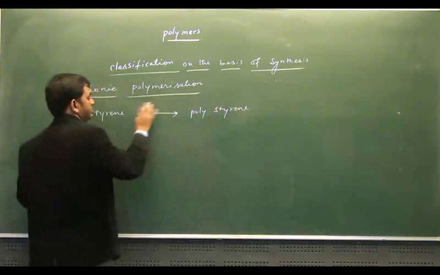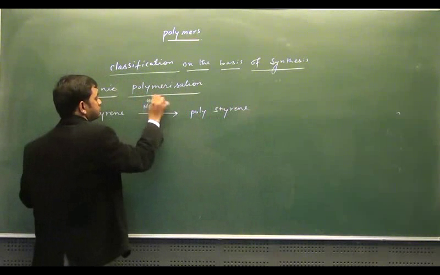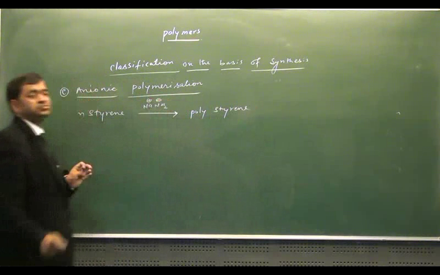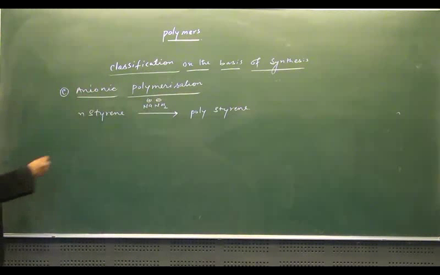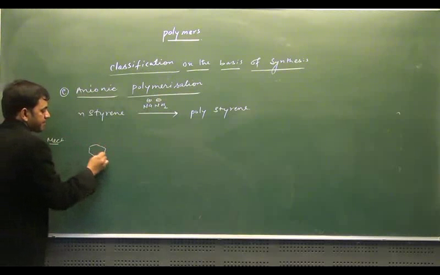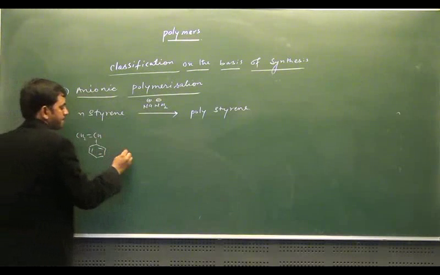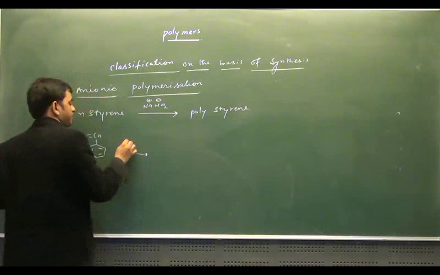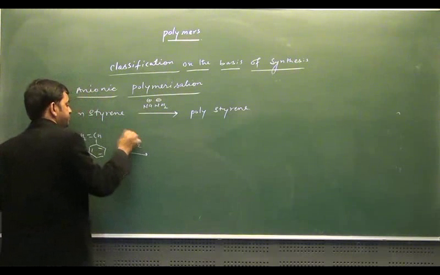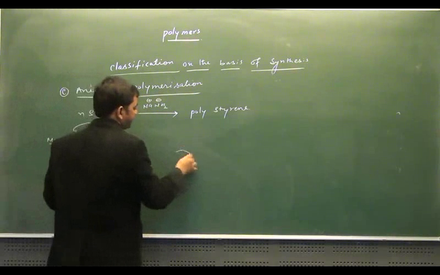On adding an anion like NaNH2, the reaction goes via an anion intermediate.